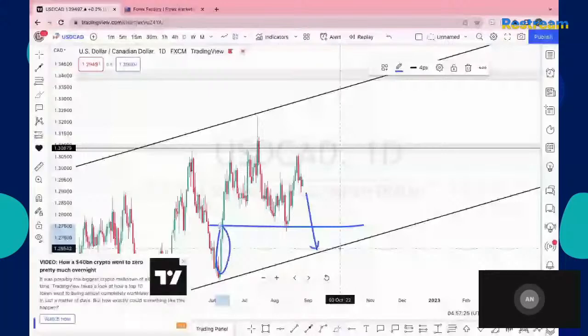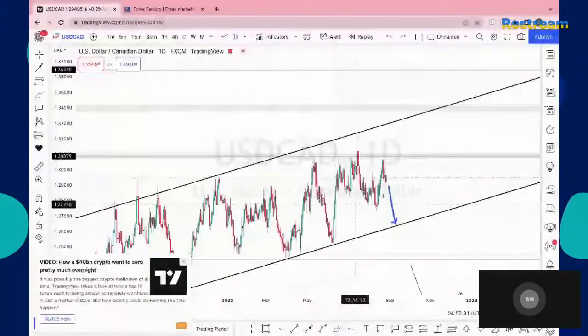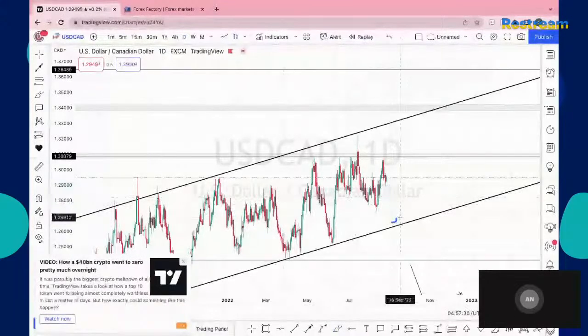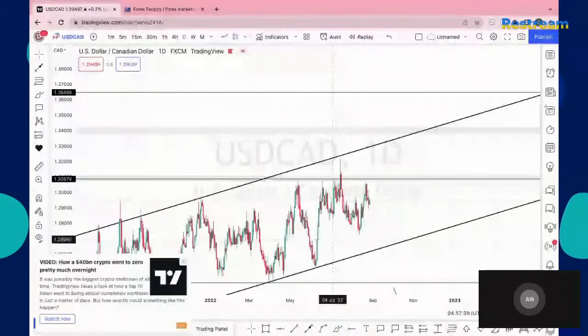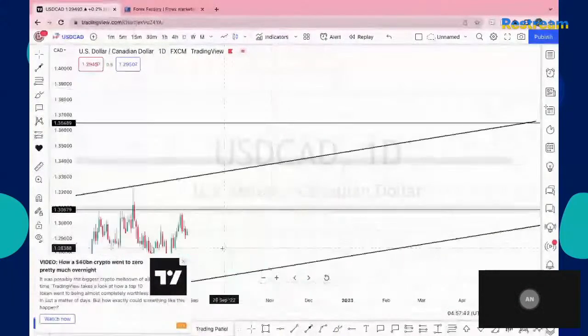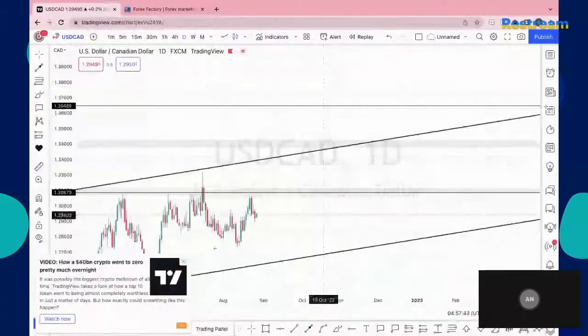Pretty nice movement down, no stress whatsoever. But this is on daily. This is just on daily, for long-term traders, swingers, and so on. So let's take it down and check what's happening.